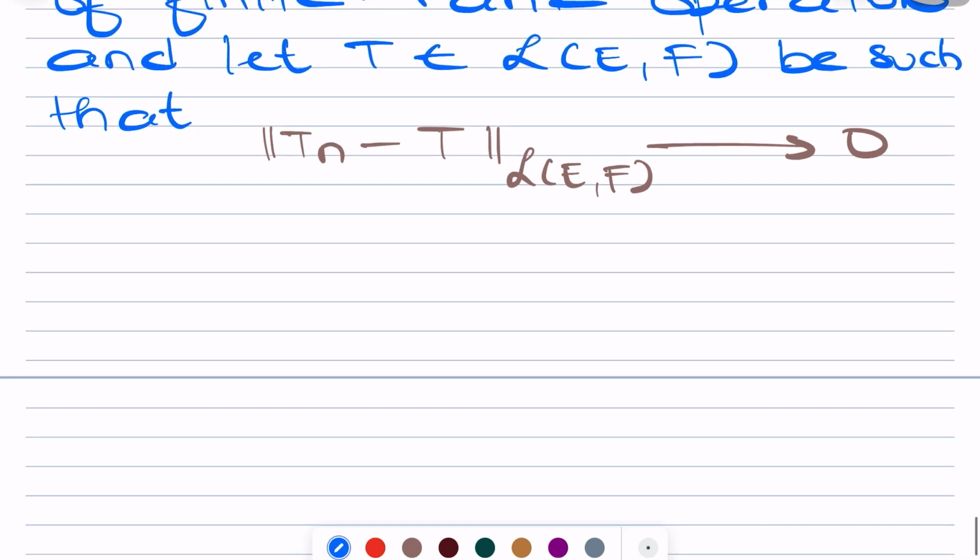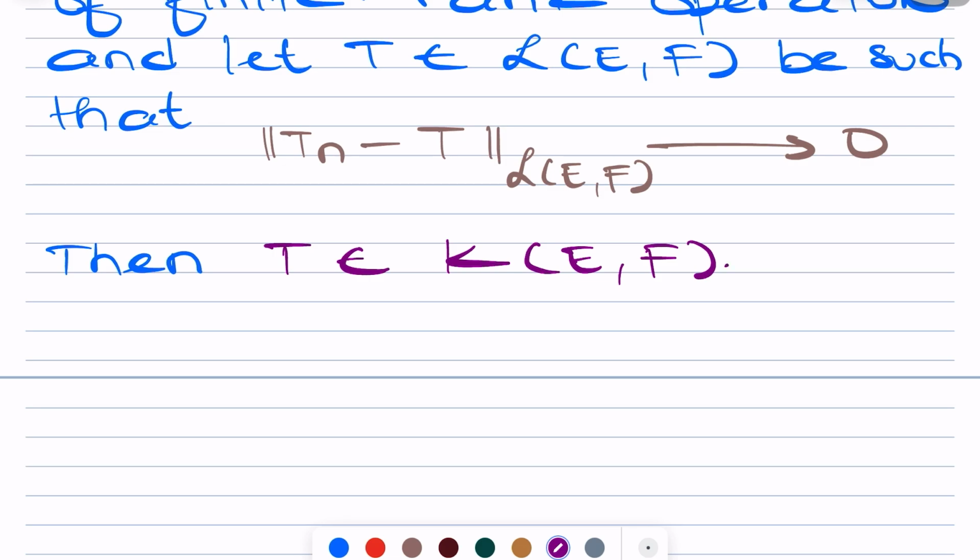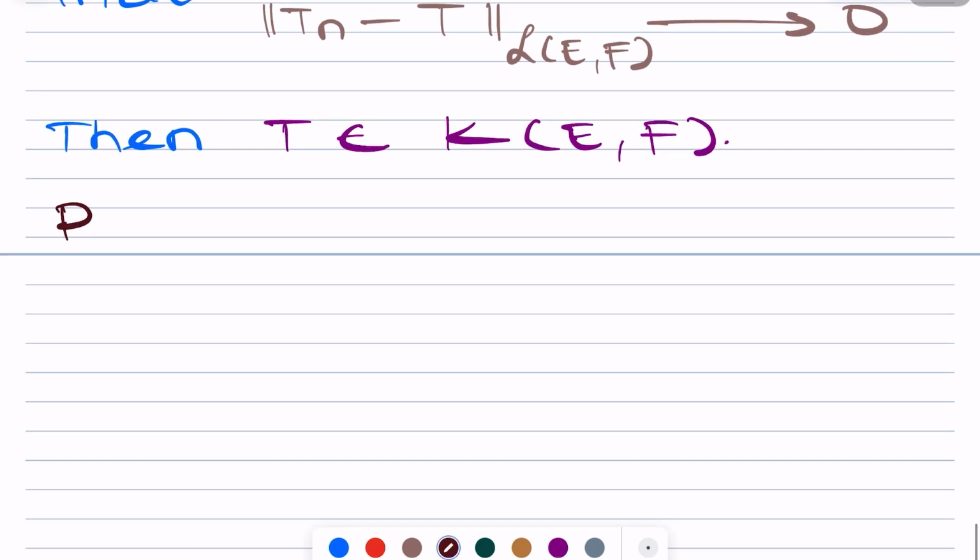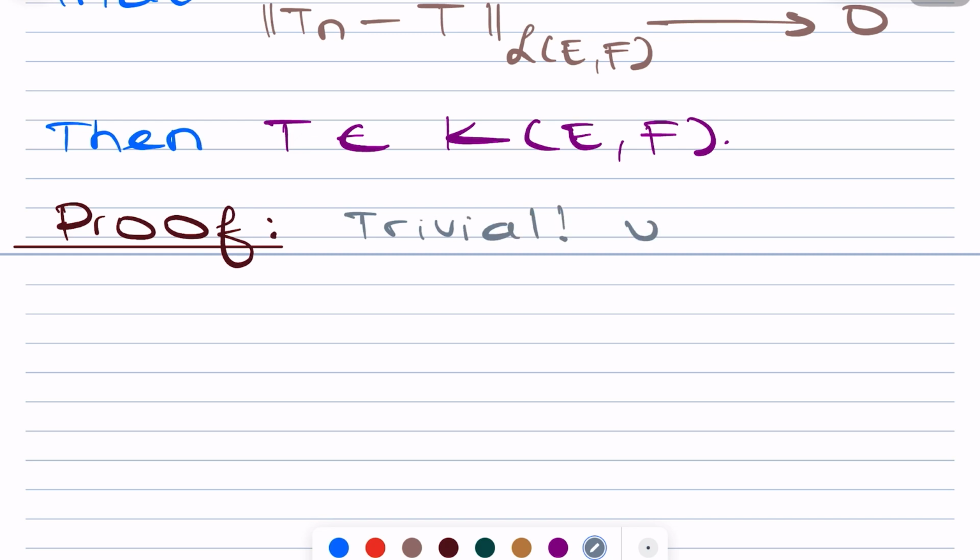Then T is a compact operator. The proof is actually trivial, so I leave it to you. You can just use Theorem 6.1.